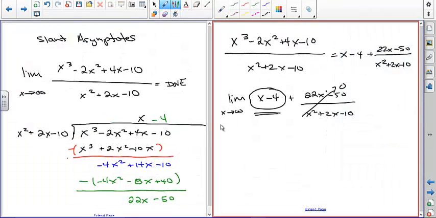Now, a couple of things. When I ask for the slant asymptote, what I want is y equals x minus 4. So that is the slant. It's the equation of the line, not just x minus 4. It's y equals x minus 4. And I put one of these on the next test, so make sure you say y equals x, whatever the answer is.